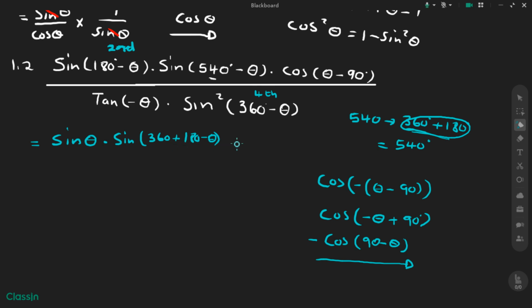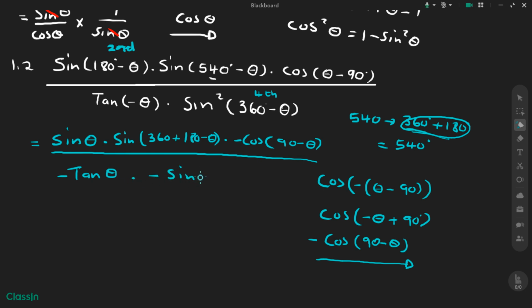So here, 540 multiplied by negative cos of 90 minus theta. Then when we divide everything, this one we said is negative tan, multiplied by negative sine theta. Then we have sine theta there.